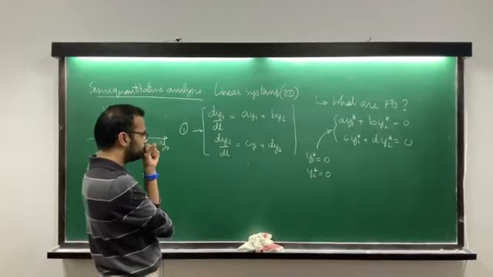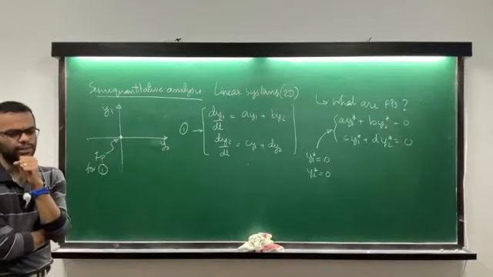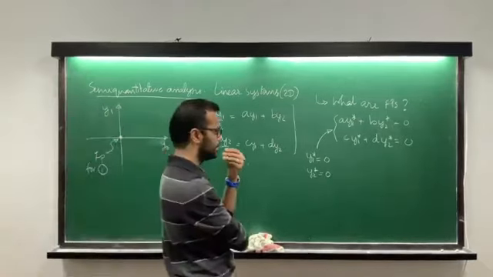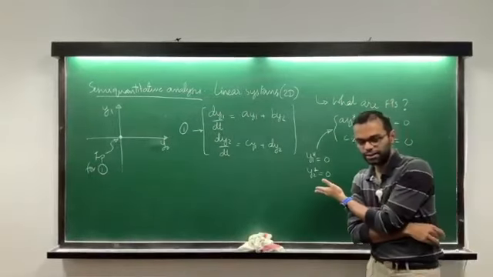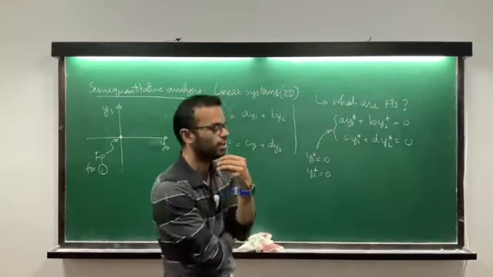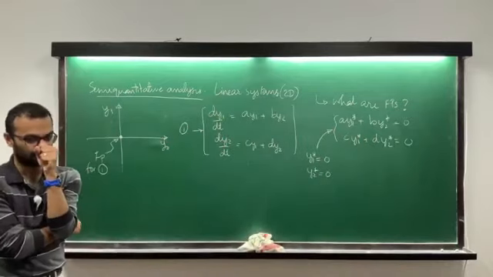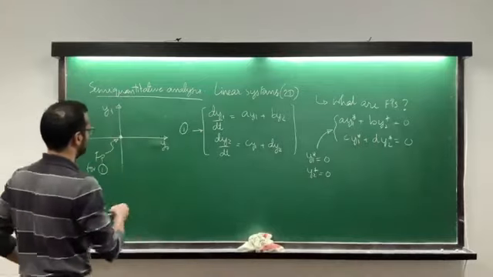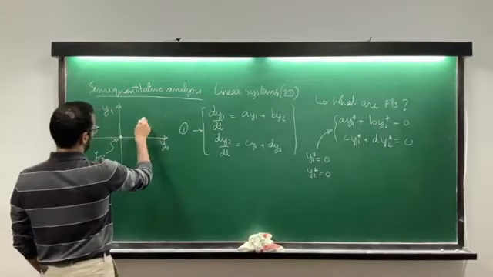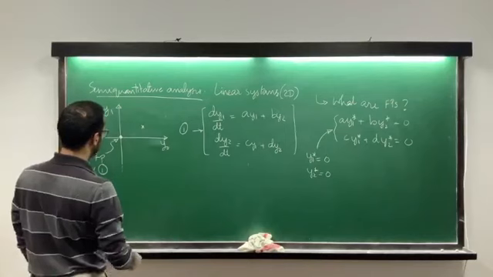Now the second point: what can we say about the stability of this system? Linearization is trivial. We already started with the linear equation, so there's nothing really to do here. But what can we say about the stability? This question is a little more complicated for a 2D system.